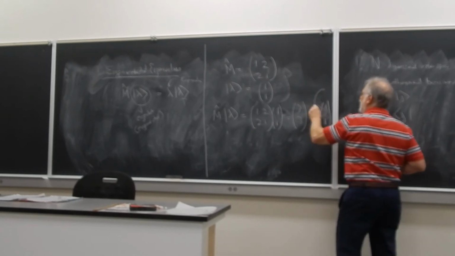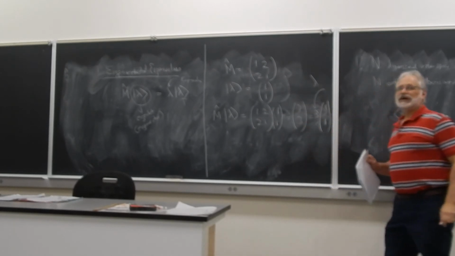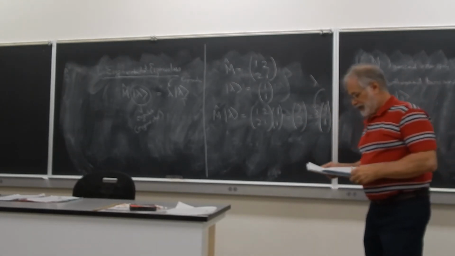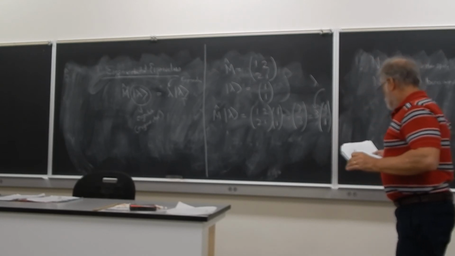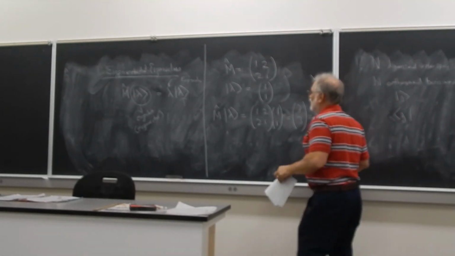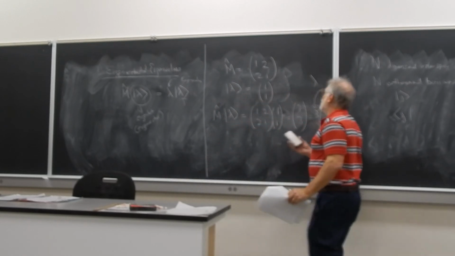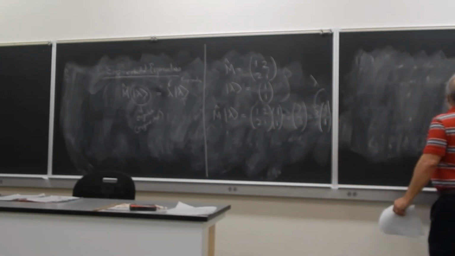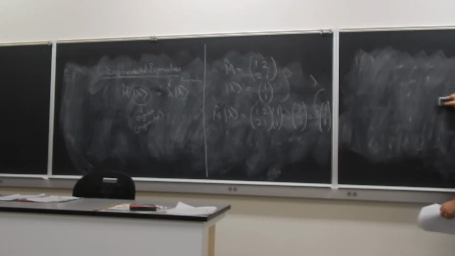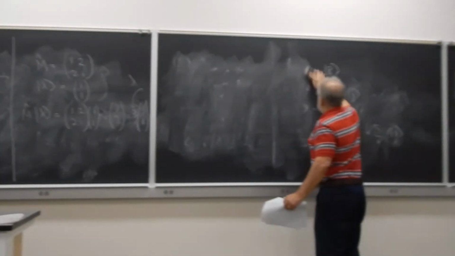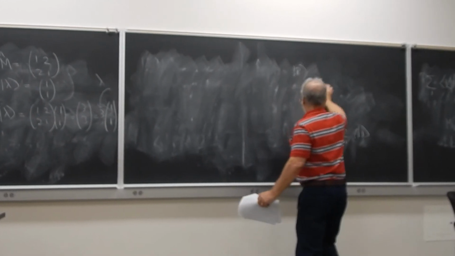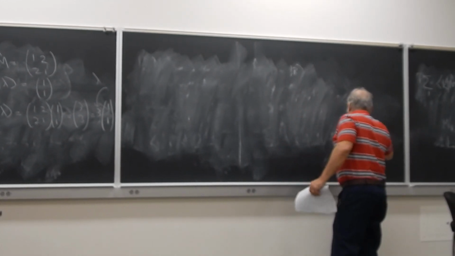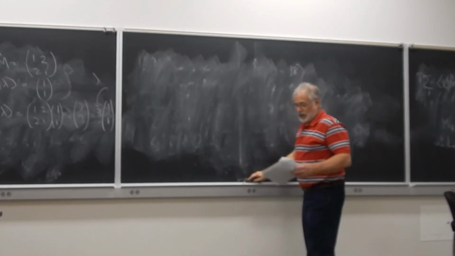So in this case, my eigenvalue, lambda, would be plus 3. Very nice. These special kinds of vectors, eigenvectors and eigenvalues, will turn out to be very, very important to us as we go further in quantum mechanics.